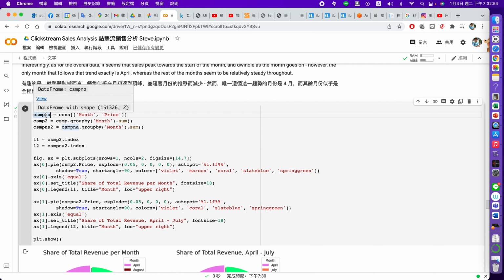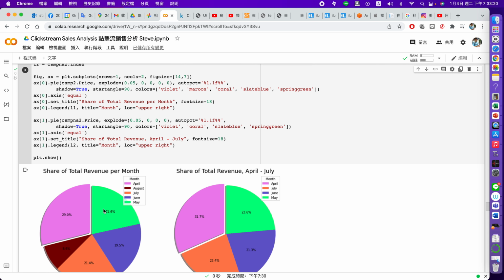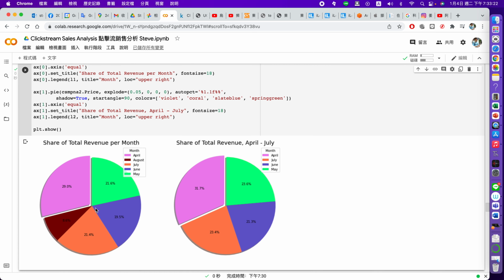NA means without August, so the data has no August dates. And we just specify two columns: the first column is month and the second is price. We will check the price for each month, especially the portion, how much percentage for each month.